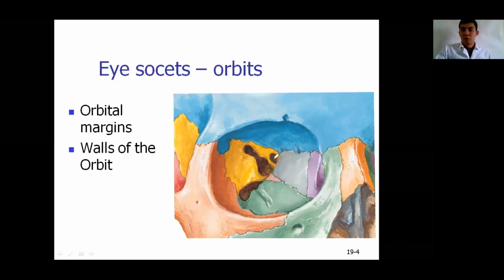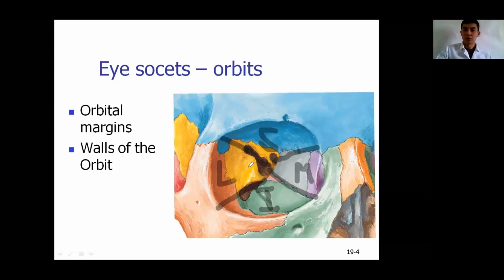We have 4 walls. Orbits have 4 walls: superior wall, medial wall, inferior wall, lateral wall. And as you understood, orbits are formed by the bones of the neurocranium and the visceral cranium too.